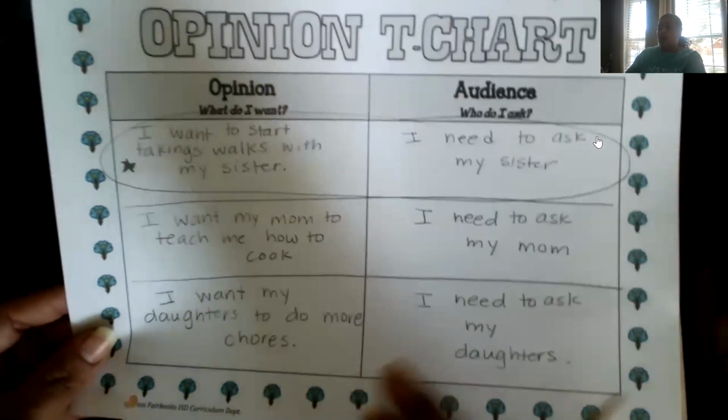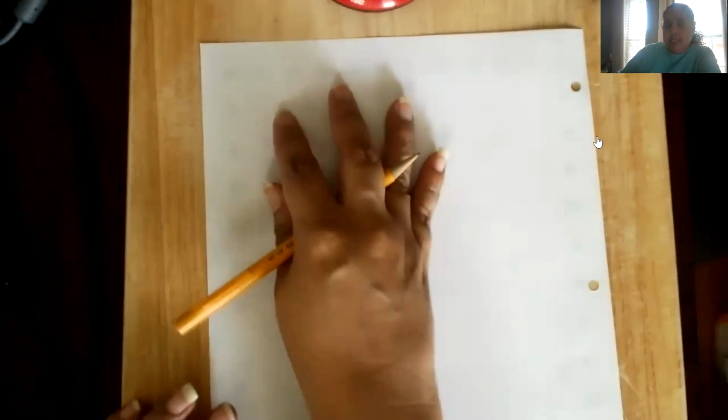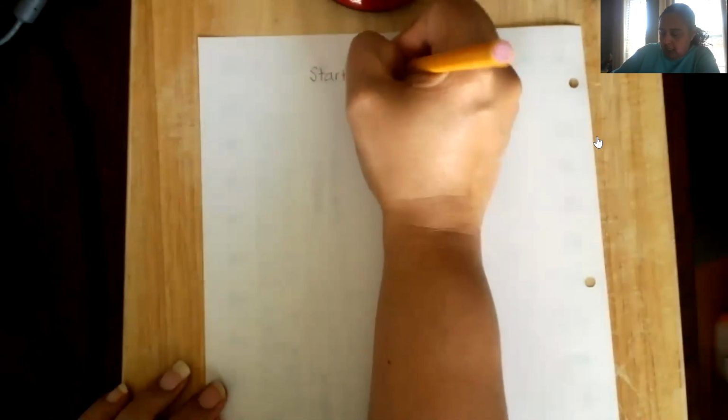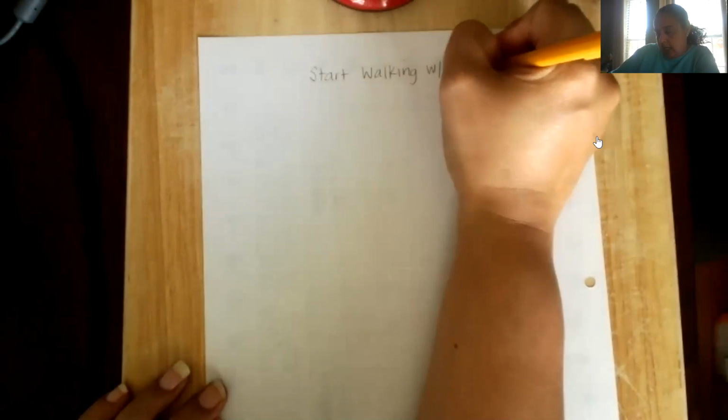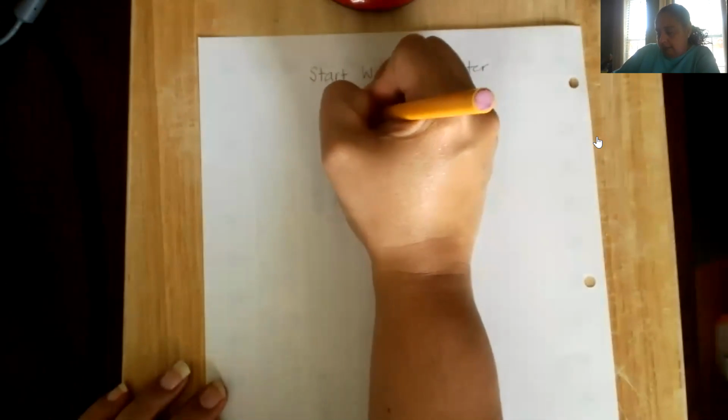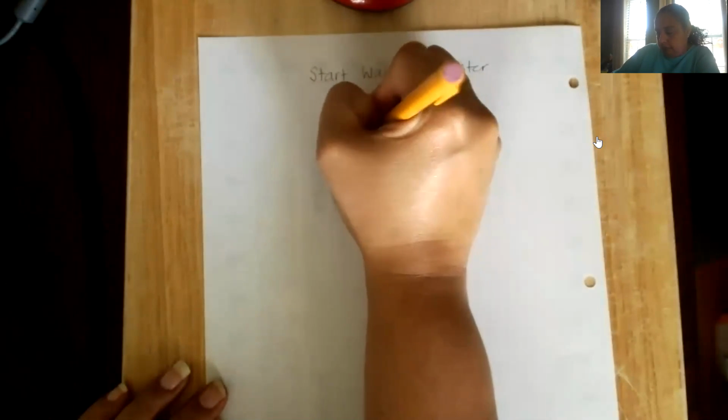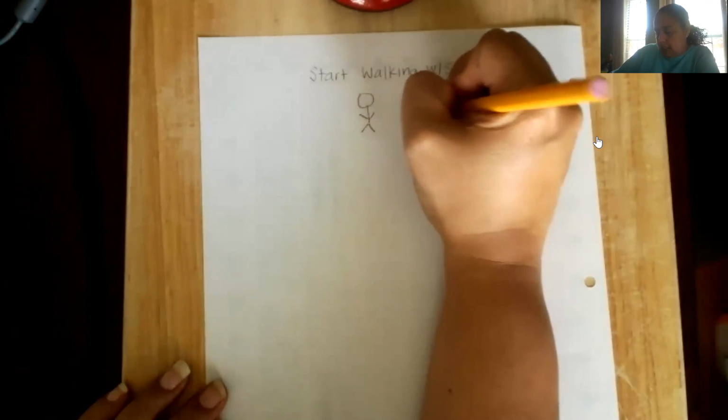Okay, so now I am going to take that idea and I'm going to make a really quick picture. Okay, so this is the idea I'm going to write about. I'm going to start walking with my sister. Okay, so here is me. Here's my sister.